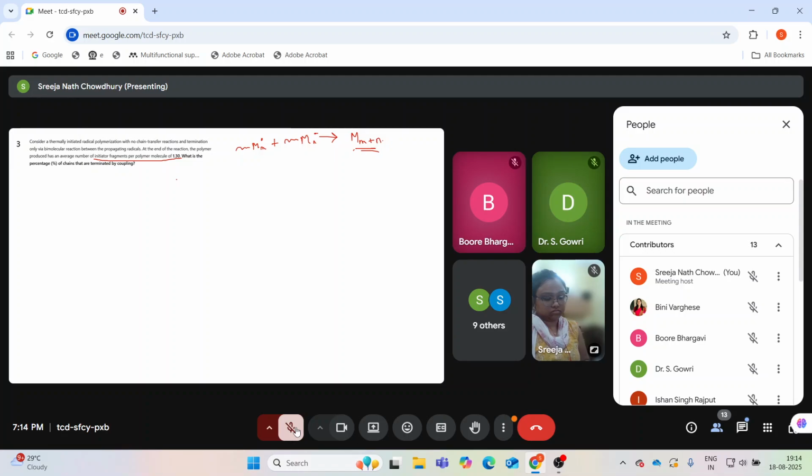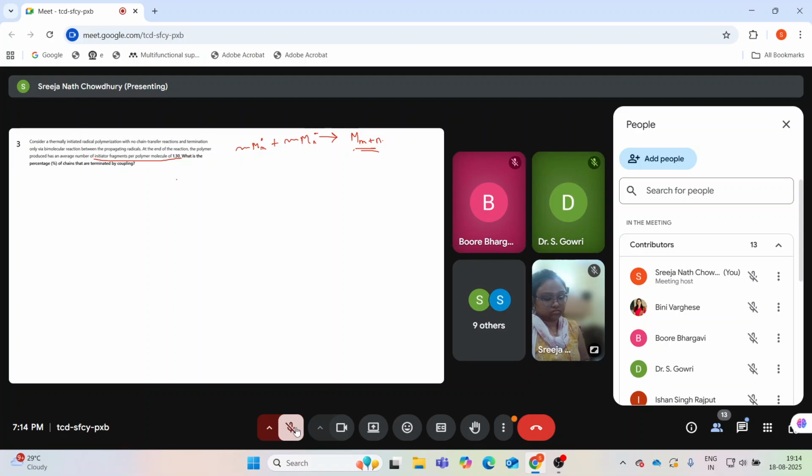So we have B is equals to 2 by 2 minus A. Here we have B is equals to 1.30. This becomes 2 by 2 minus of A.